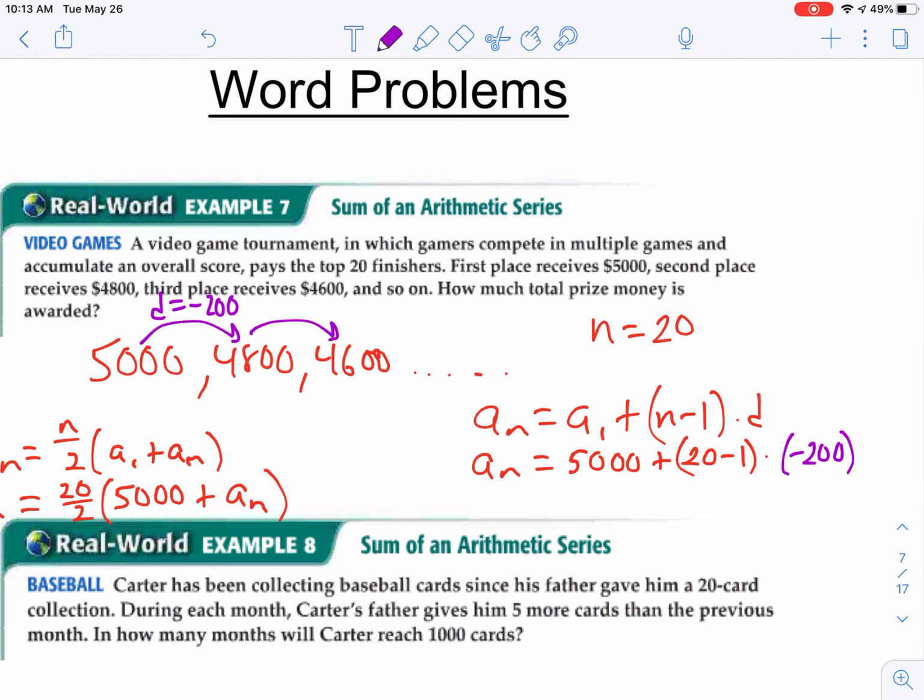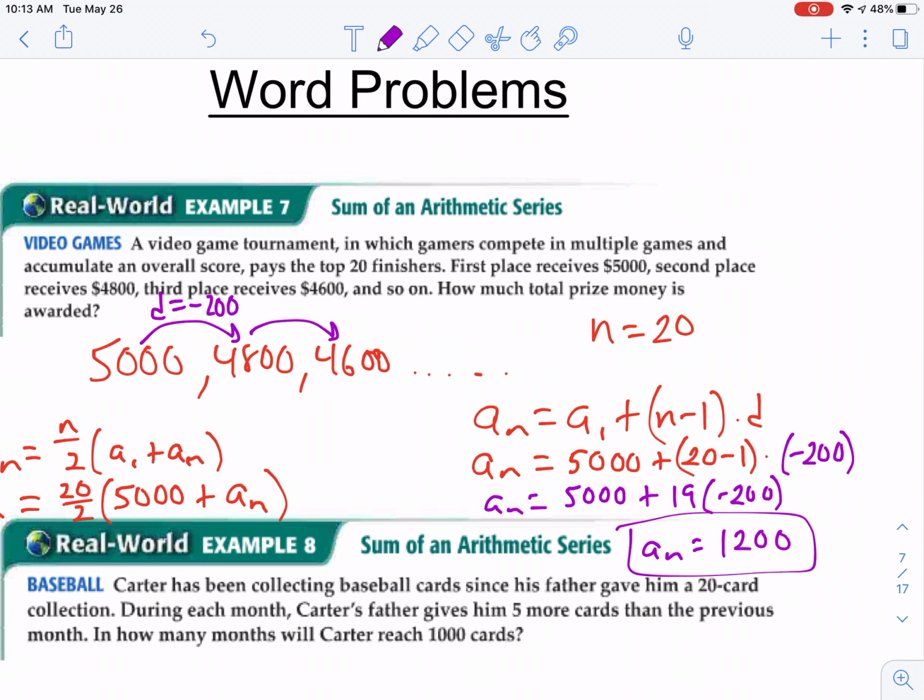Each term is going down by 200. That is D. Negative 200. So 5,000 plus 19 times negative 200 is going to equal 5,000 plus negative 3,800, which is 1,200. So that's the last prize amount, 1,200.